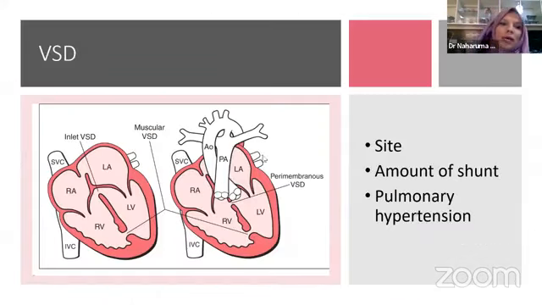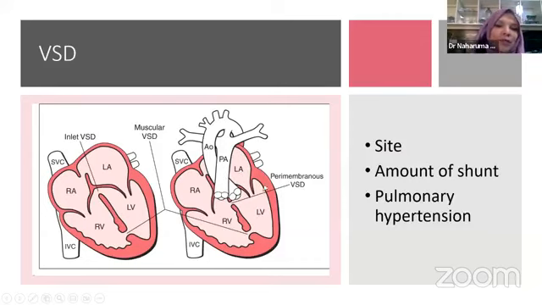And here also we have to know the hemodynamics and the anatomy of the VSD. Unlike the ASD, VSD can also be classified by the QRS axis: normal axis, right axis, or left axis. And the amount of shunt can be identified from the LV forces. We know in VSD there will be a left-to-right shunt, and more blood will go to the pulmonary artery, and more blood will come to the left atrium and LV.